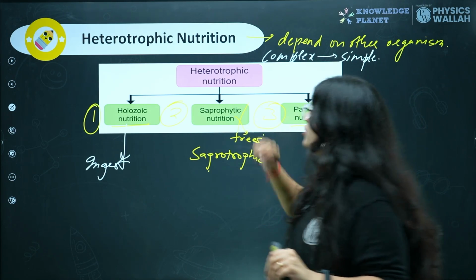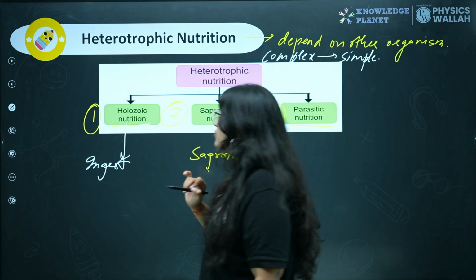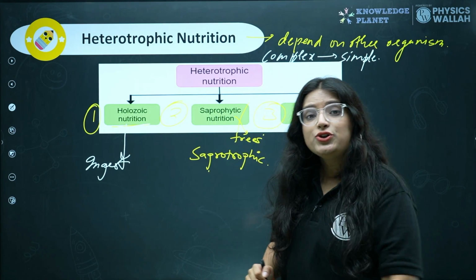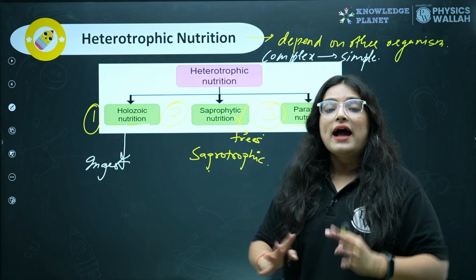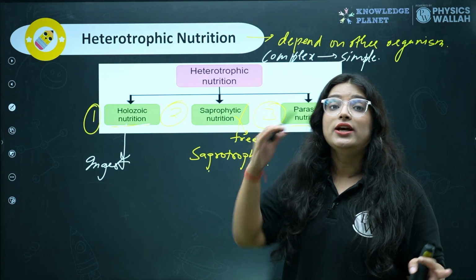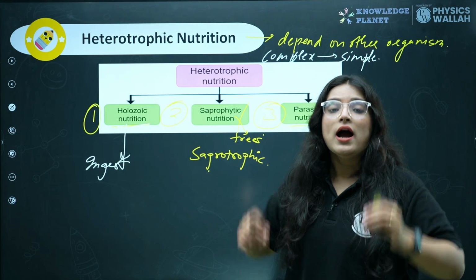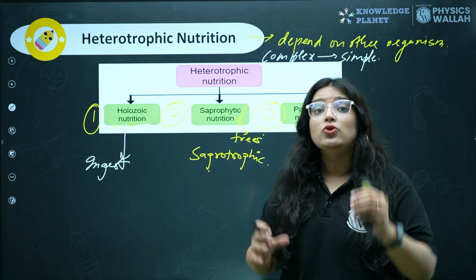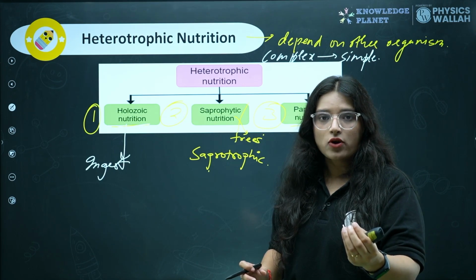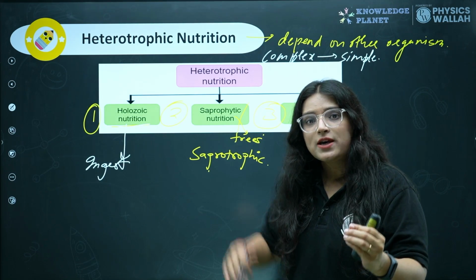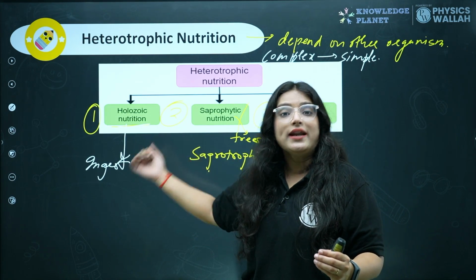So in holozoic nutrition, the organism ingests the organic matter and digests it. They receive their nutrition by ingesting the organic matter and breaking it down through various steps so that they can receive their energy.